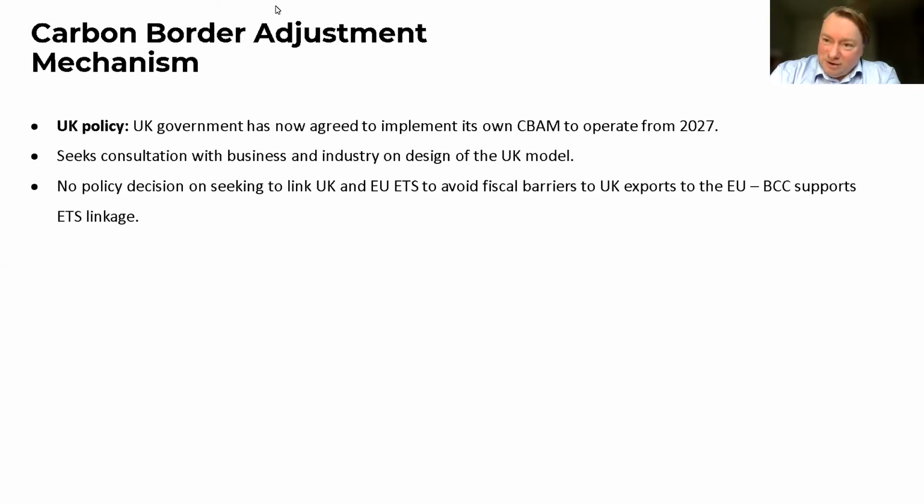And last month, the EU produced a whole set of default values as well, which should ease some of the compliance issues. So if you physically can't measure the amount of a particular gas that's been involved in your steel production, or you can't measure how much electricity was involved, then the default values can be put in. And that will, I think, ease some of the compliance issues.